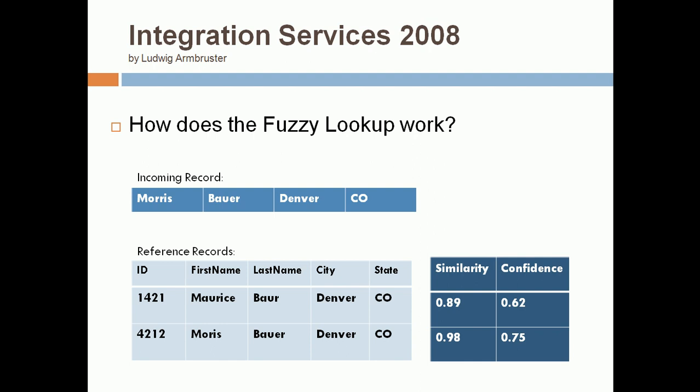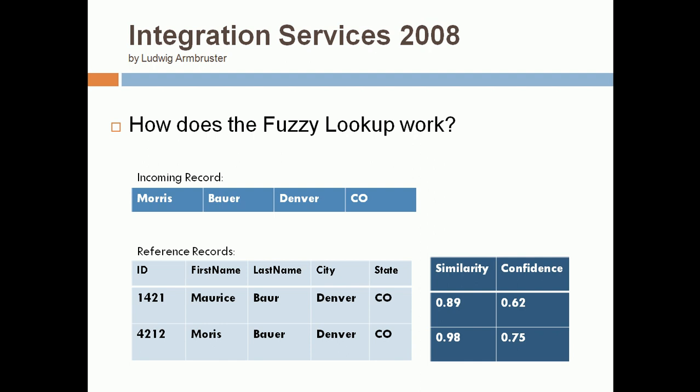So for the similarity between this one incoming record with Maurice Bauer in Denver, Colorado, with Maurice and with the double R's, compared to the record with the ID 1421, it is 0.89, so that's an 89% similarity, right?